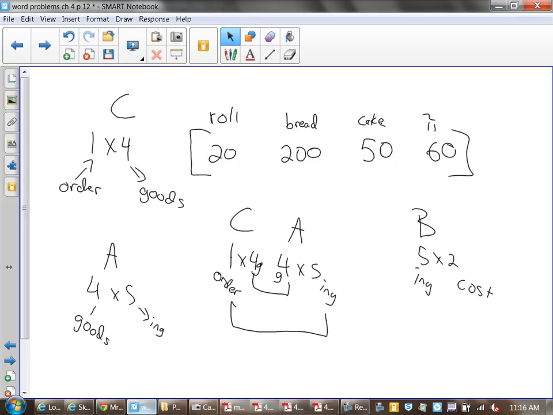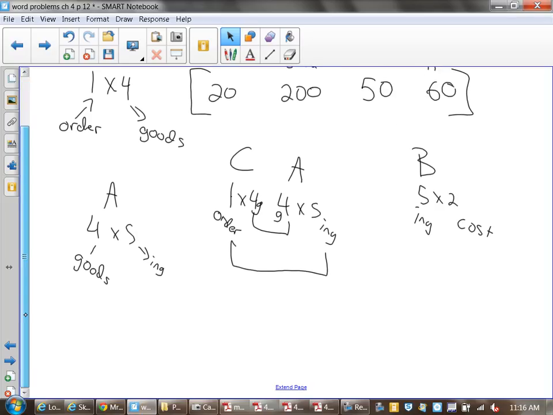Matrix C was the order and the goods. Now, in order to figure out the amount of ingredients you're going to wind up needing, you match up matrix C times matrix A, a 1x4 and a 4x5. The goods in the columns and rows basically negate one another, and you create a new matrix that deals with the order and the ingredients.